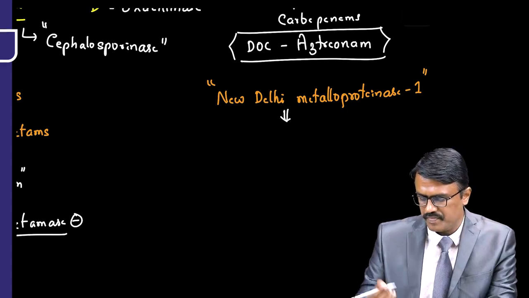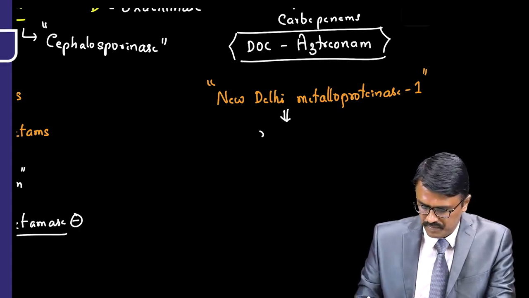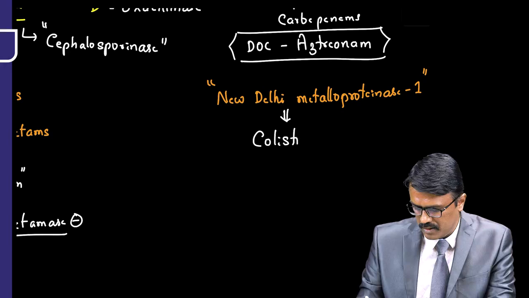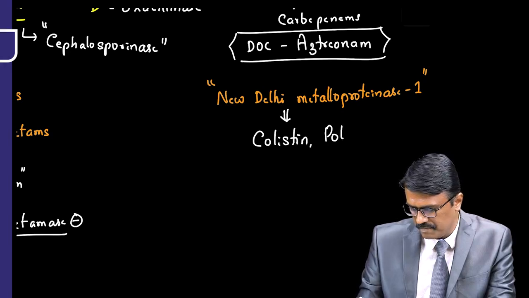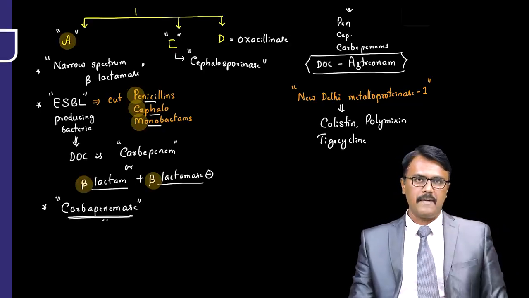For this, the common drugs will not work, even aztreonam will not work. So for them, the reserve drugs are colistin, polymyxin, and tigecycline. These are the drugs we can use for them. So that is the burden of the problem we are facing currently.